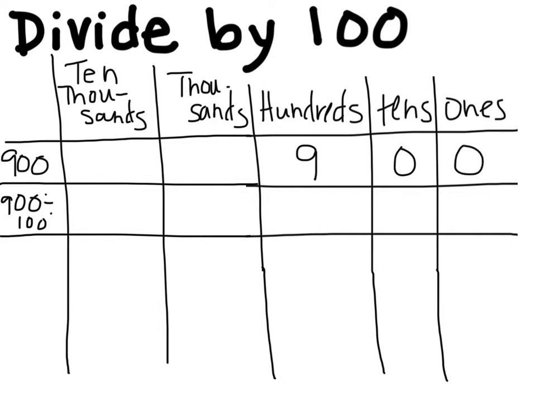Now, we can also think of 900 as 9 groups of 100, right? So if we divide 900 by 100, that means we'll have groups of 9 left, which we will write on our place value chart as a 9 in the ones place. So you can see when we divided by 100 and when we were working with 2 zeros, we moved 2 places to the right.